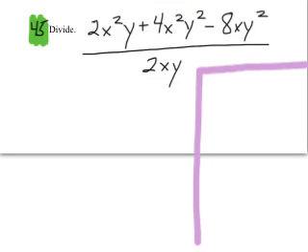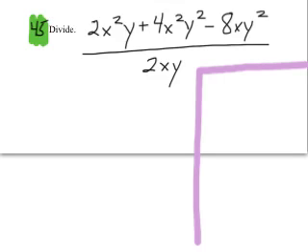Number 45, our last problem. Woohoo! Guess we should have some fireworks or something here. Anyhow, what we have is a polynomial divided by one term. You can have a polynomial divided by anything, but here we just have one term, and it may look really scary, but it's actually quite simple.